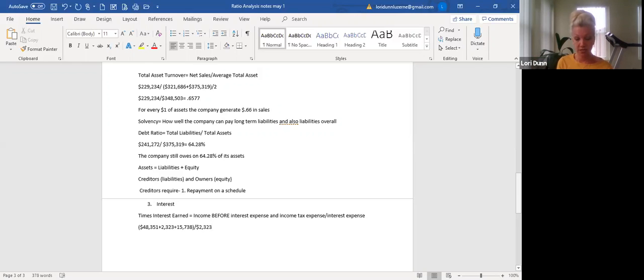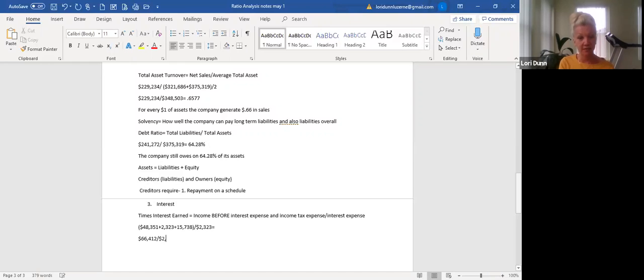So we take $48,351 plus $2,323 plus $15,738. So now our numerator will be $66,412. So that's our earnings before interest expense and income taxes.